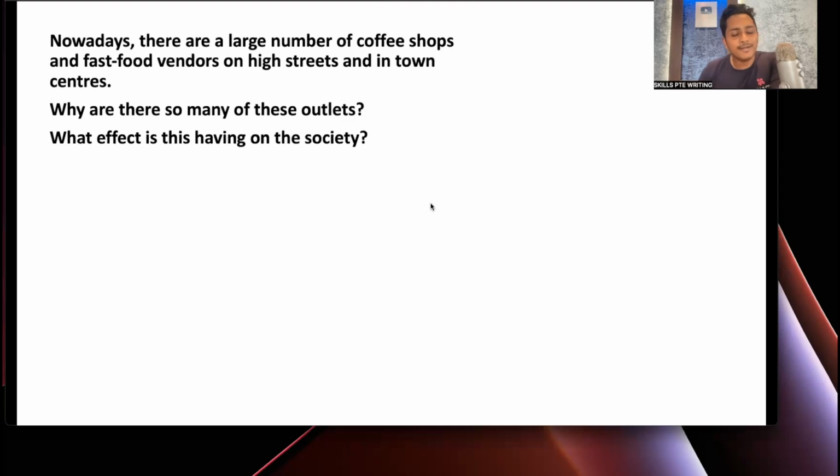And what effect is this having on society? Any point? What effect is this having on society? Negative effects on health. Beautiful.